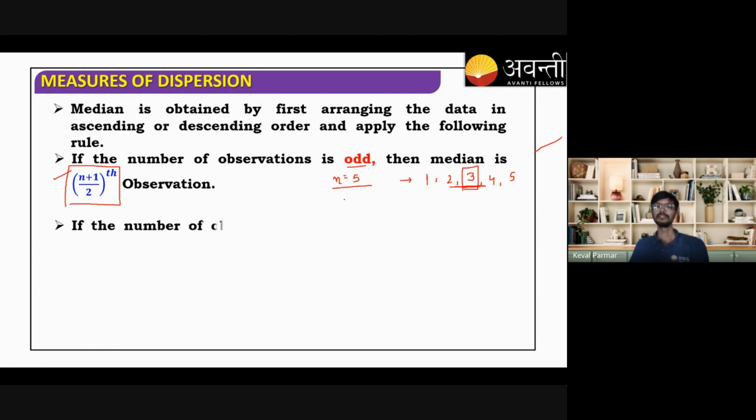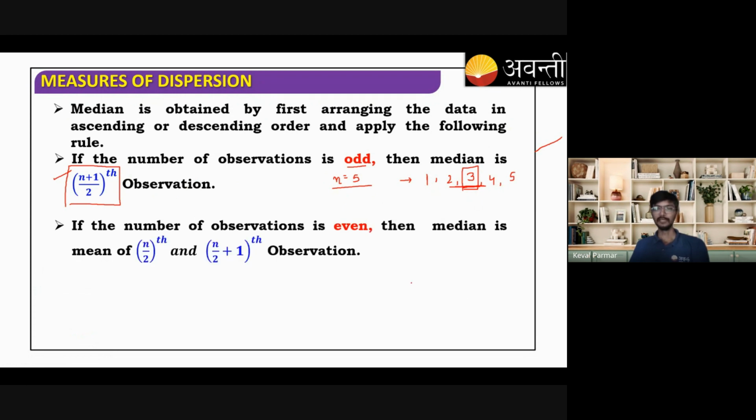Now, if the observations are even, then we have two middle terms. Let's say we have 1, 2, 3, 4, 5, and 6. Here we have two middle terms whose positions are given by n by 2 and n by 2 plus 1th observation.